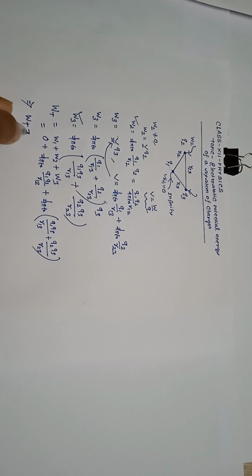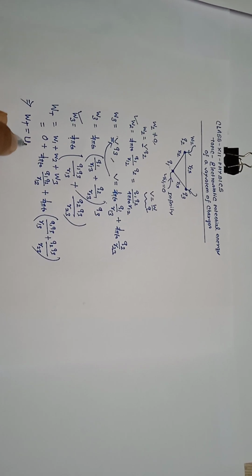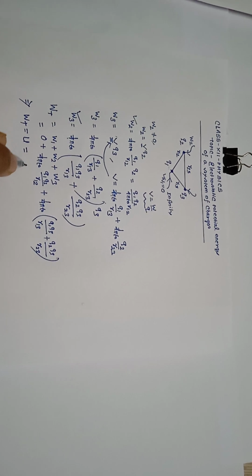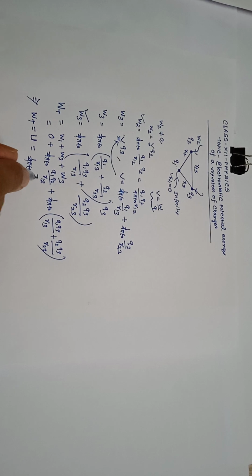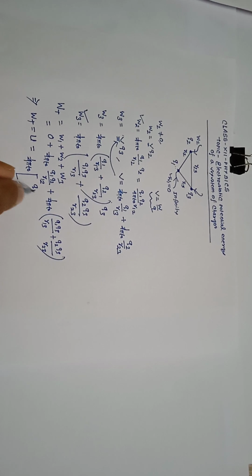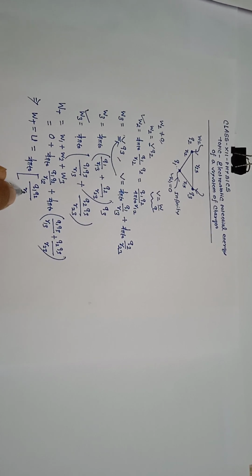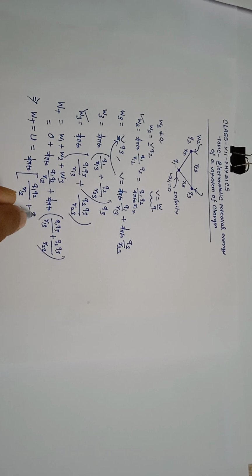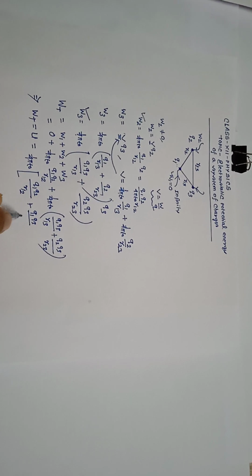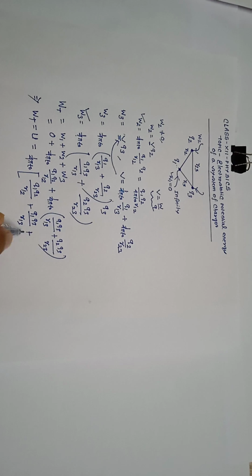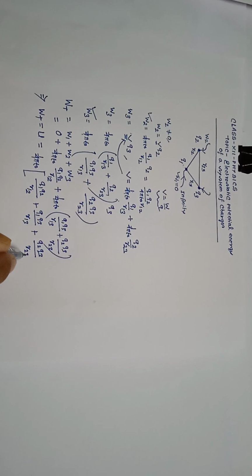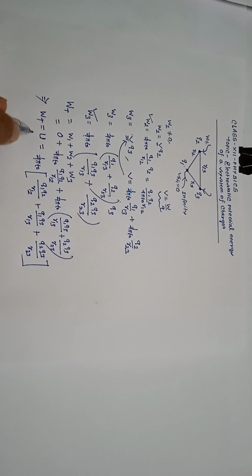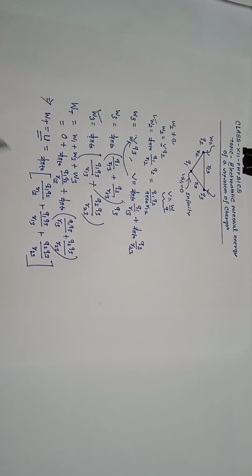This work done will be stored as potential energy of the system, so U is equal to, after taking 1 by 4 pi epsilon naught common, q1 q2 by r12 plus q1 q3 by r13 plus q2 q3 by r23. This is the expression for potential energy for this system of charges.